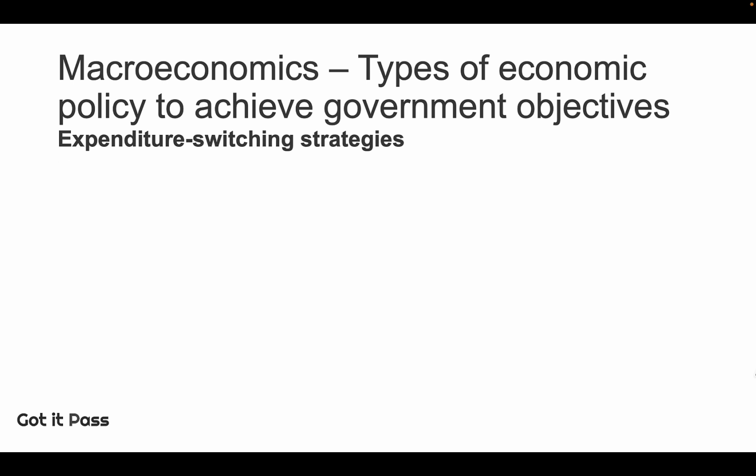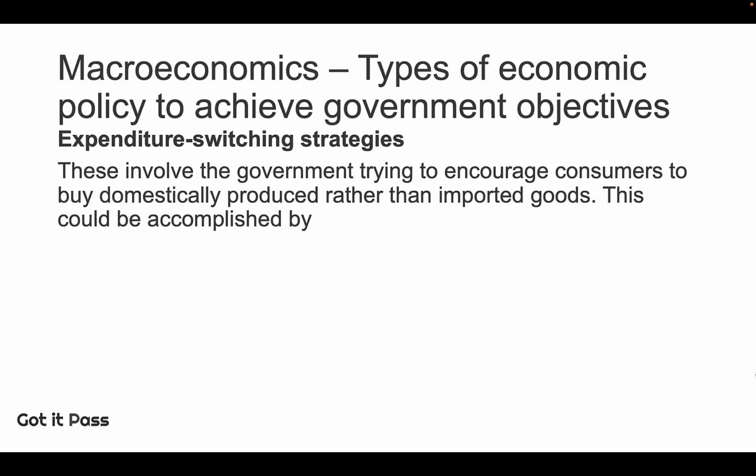So it comes to another strategy called expenditure switching strategies. These strategies involve the government encouraging consumers to buy domestic products or goods rather than imported goods. And these strategies can be summarized in 3 different ways.